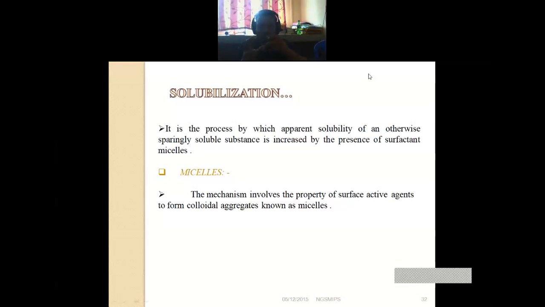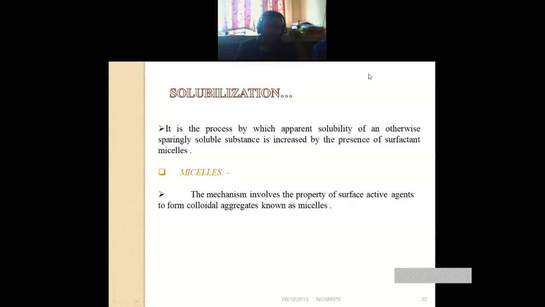The foams create micelles that will absorb the dust. So it is called a surfactant. Surfactants are used to increase the solubility. Then what are micelles?